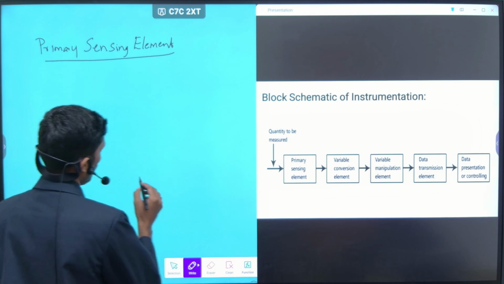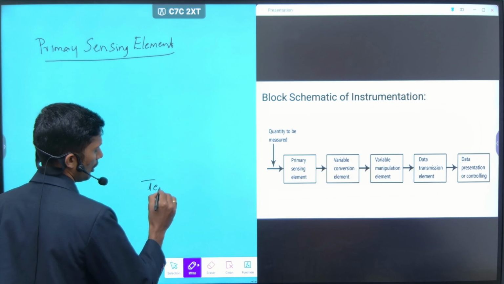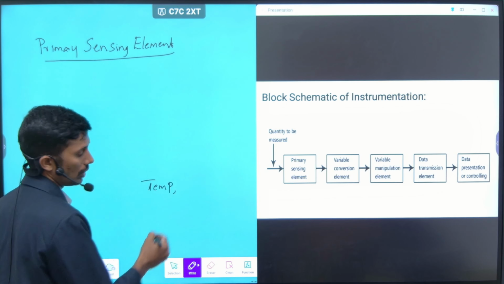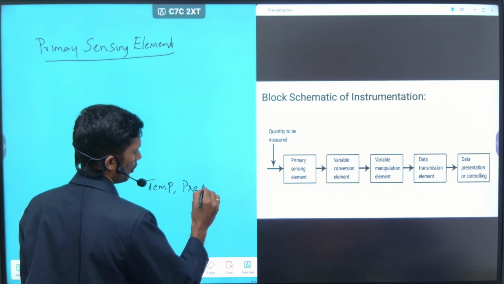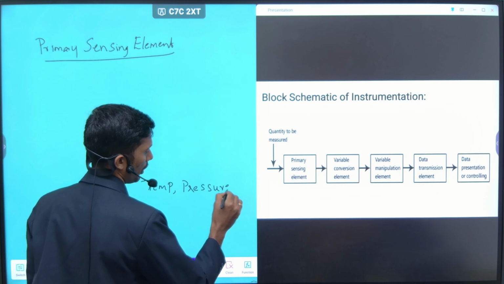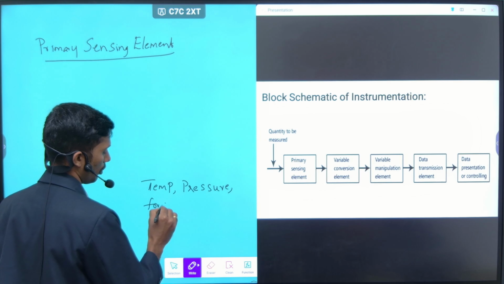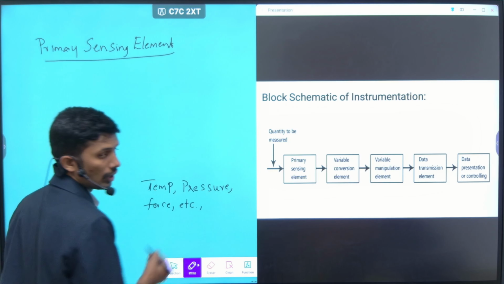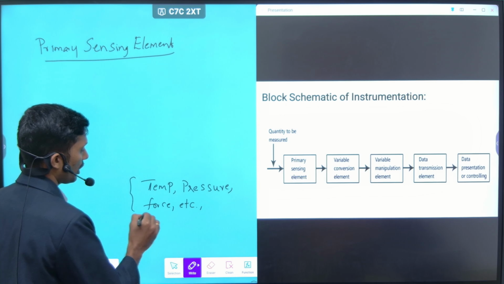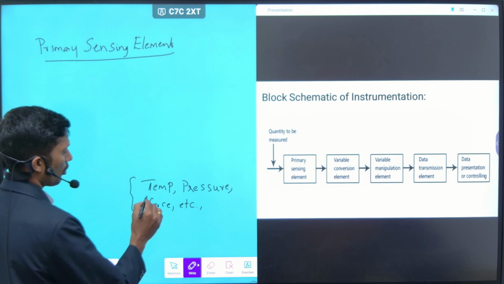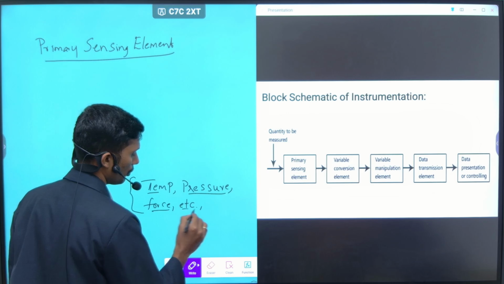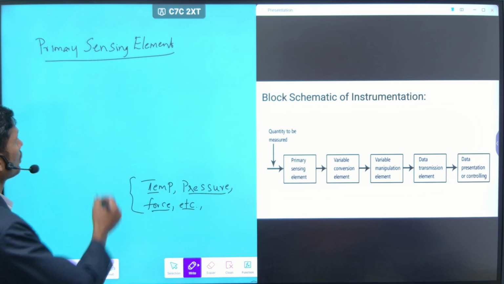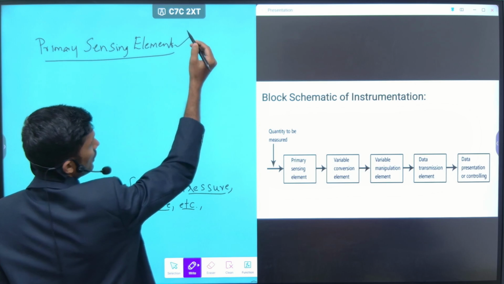Just like here, you can measure temperature, pressure, force or any type of quantity. We use different types of instruments for measuring any type of physical quantity, and we can use the primary sensing element.